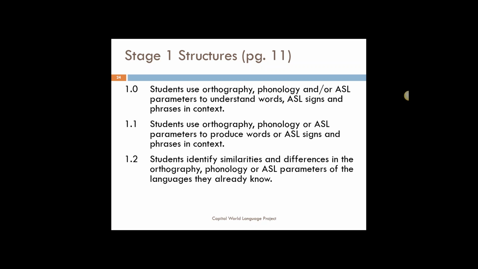They're producing, and then they're able to identify similarities and differences. As you scan across, you see that there's a parallel across the different stages where they go from being able to identify similarities and differences in single words to sentence level to paragraph level. So it looks very much like the communication standards where it said the text type that they would be using.